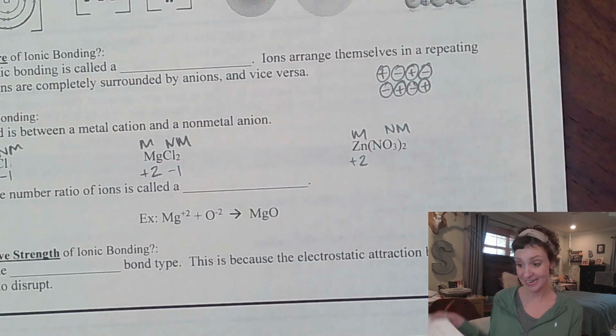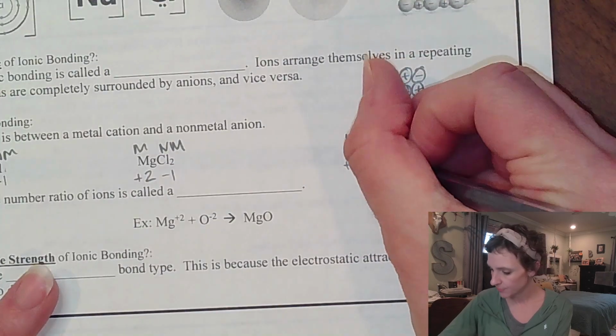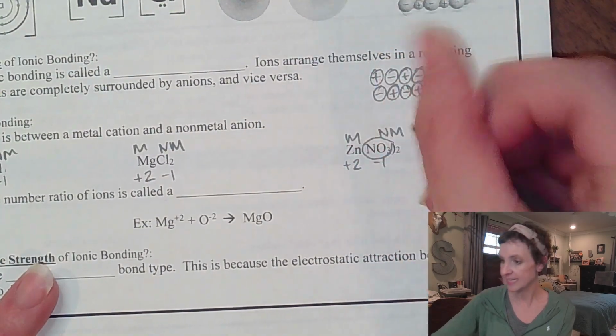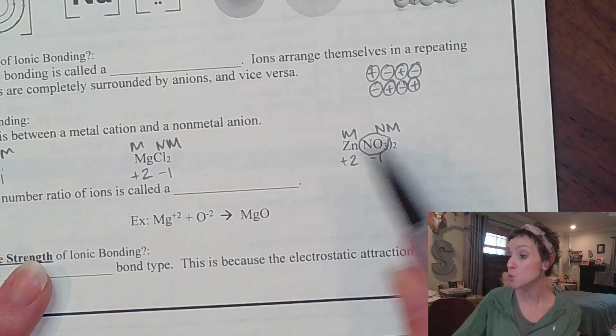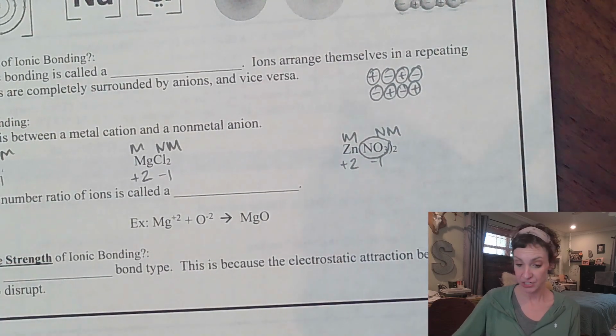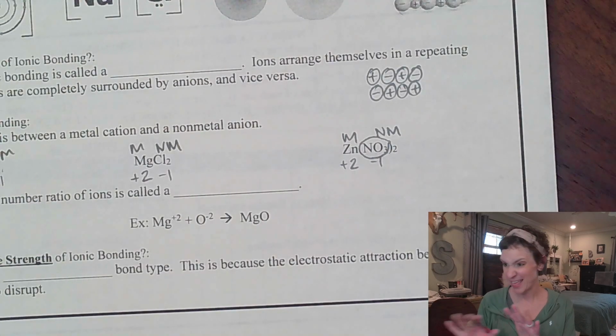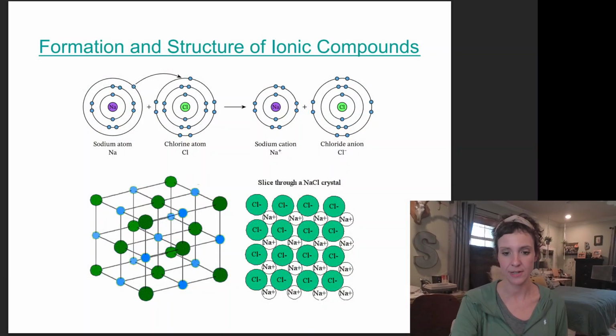That is just a nitrate. And if you'll remember, nitrate has a -1 charge. So he's all in parentheses because he's acting as one thing. And I have two of him because I have to have two -1 charge things to balance off zinc's +2. So it was a little bit of a tangent, so I thought we'd unpack that a little more because I just like talking about this stuff because I'm weird and a nerd.